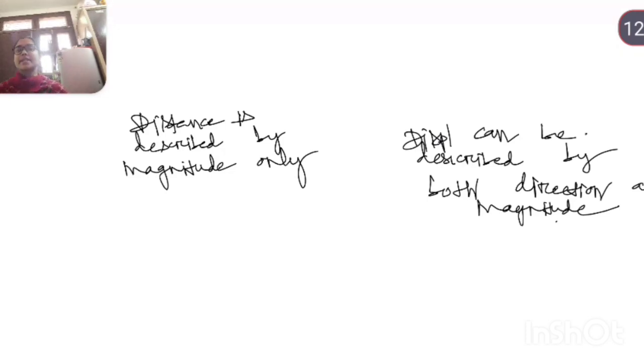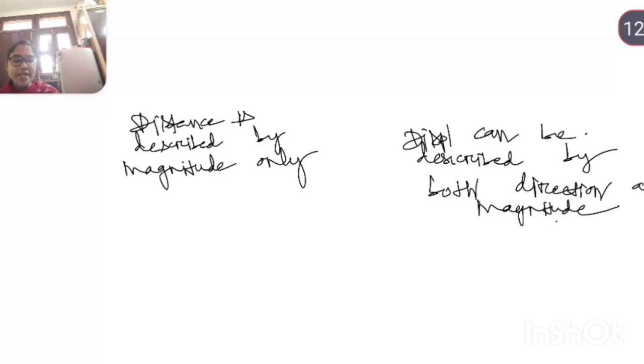And displacement, you will say like this: 5 meters per second towards the north direction. It is not distance, it is displacement. So displacement is always described by both direction and magnitude, but distance is always described by magnitude only.